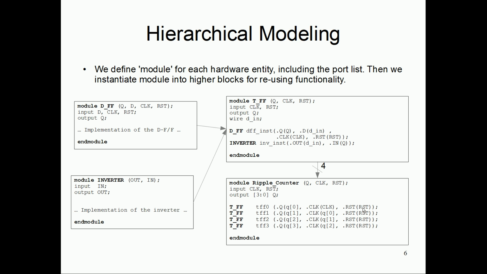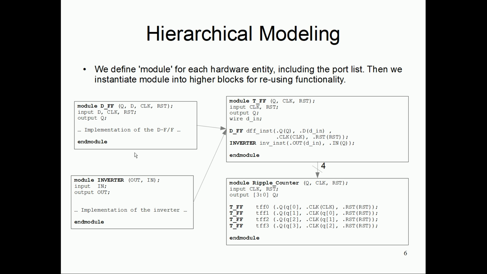You can imagine it this way: my top level reset port is connected to the T flip-flop's reset port through a wire, and that reset port is connected to the D flip-flop reset port with a wire, and it goes in there.